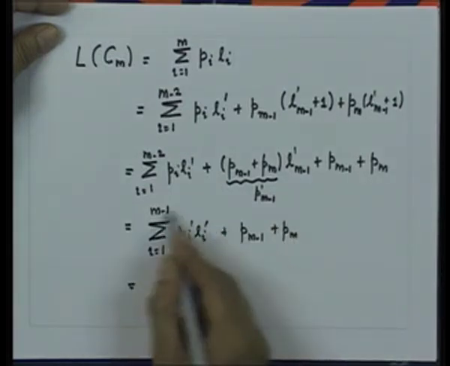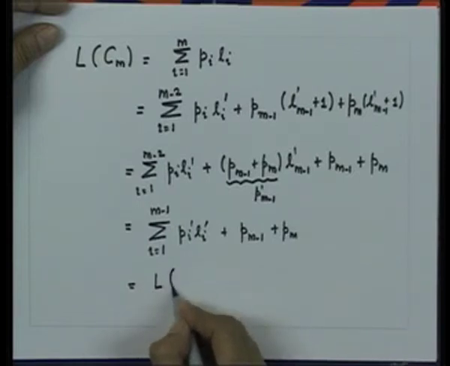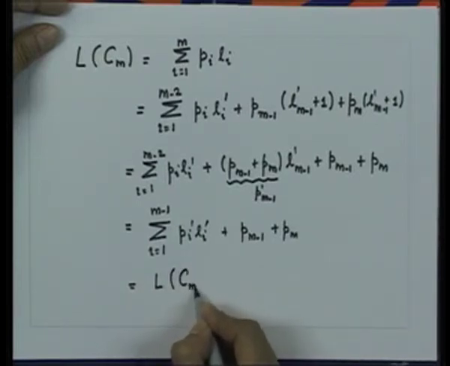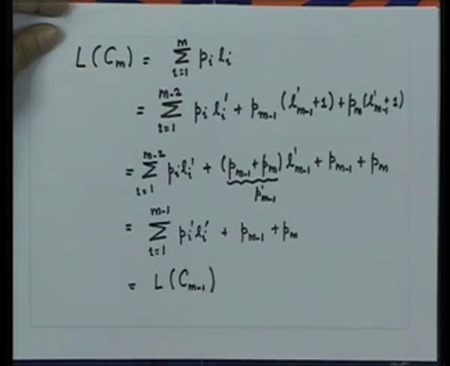And this by definition is the average length of my code C of m minus 1.